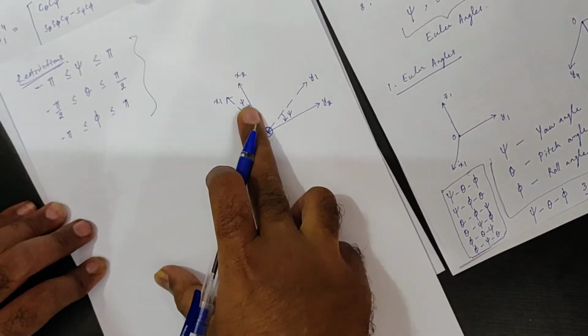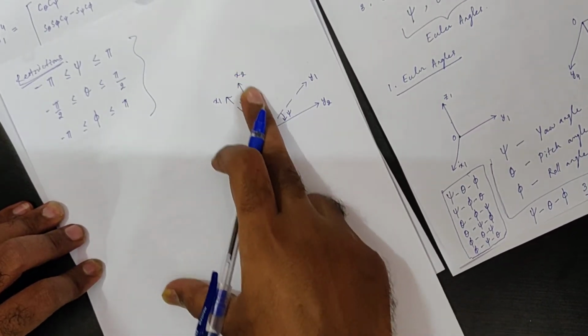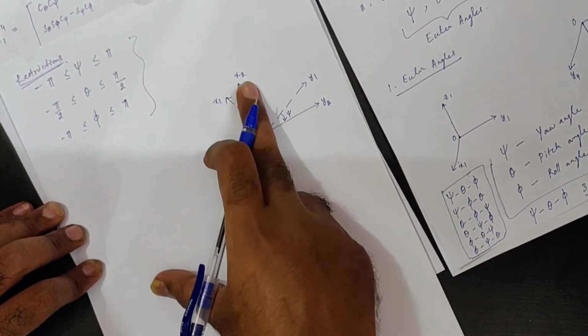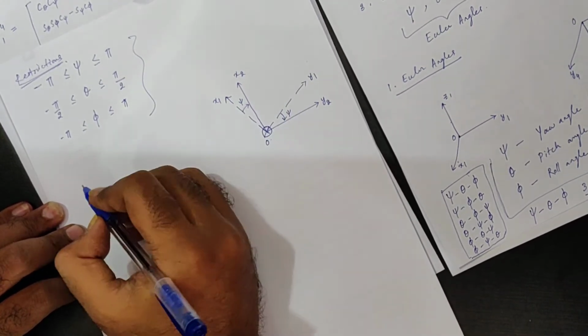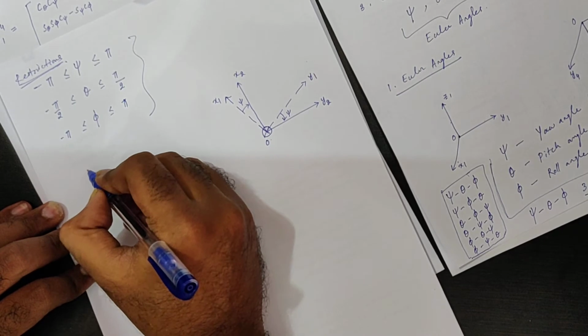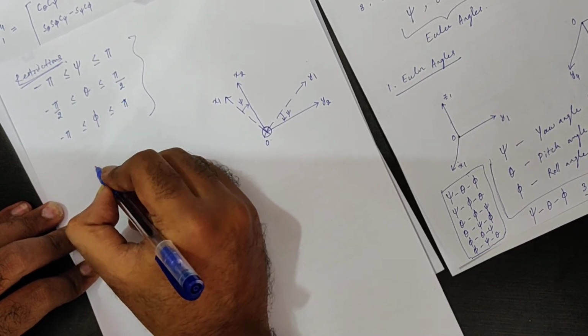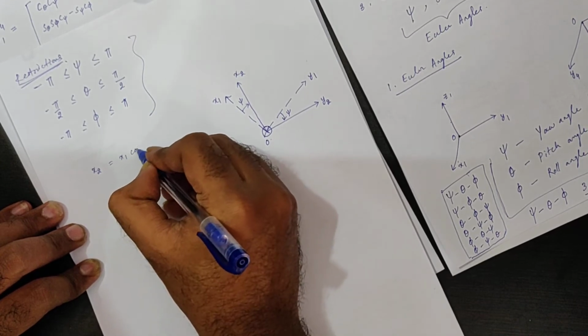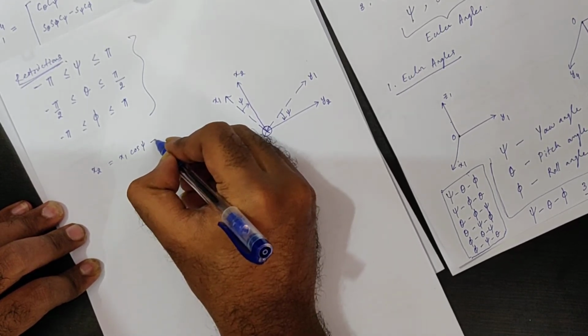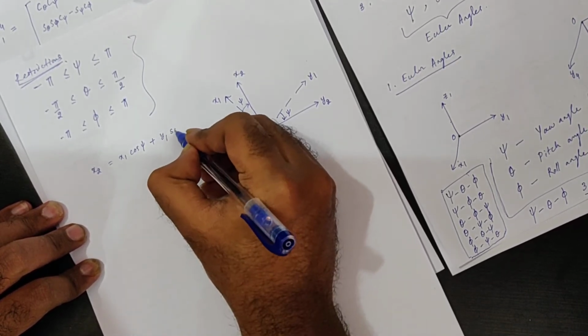So how can we write x2, y2 in terms of x1 and y1? To do so, we can write the algebraic equations, that is x2 equal to x1 cos psi plus y1 sin psi.